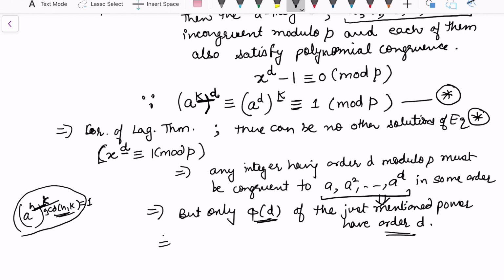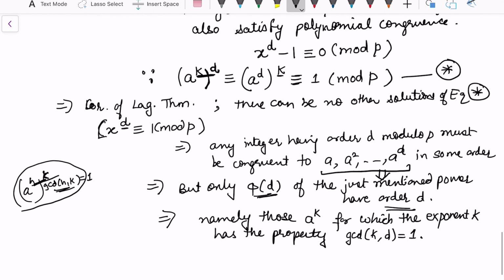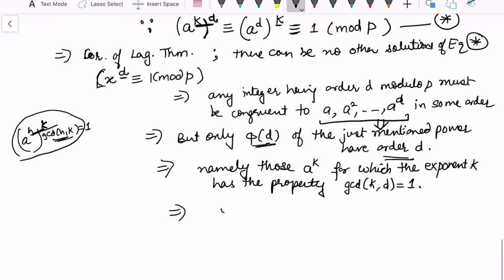So the only possibility is those a to the k for which the exponent k has the property that GCD of k and d is equal to 1. Hence, whenever xi d is positive, it has to be equal to phi of d, and that proves our result.